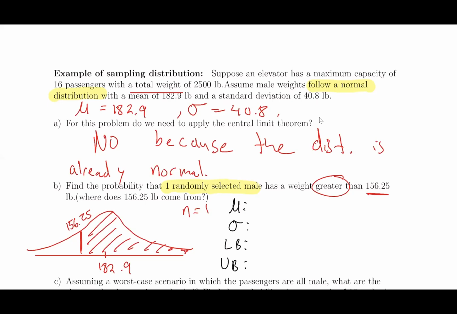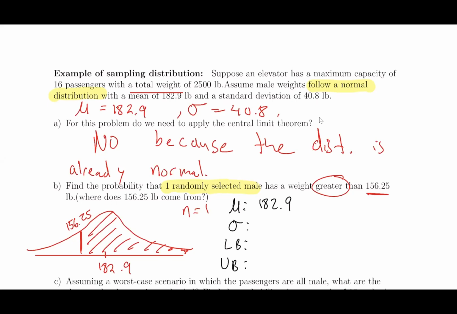For this one, what should be my mean? What should I put for mu? The 182, yeah, 182, thank you. So we put 182.9.